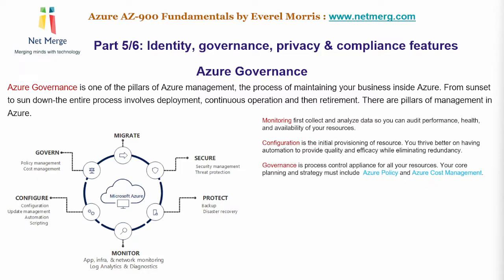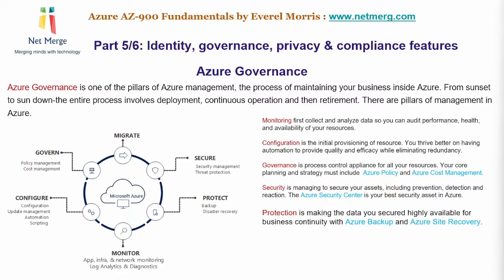Now, governance is the process and control applied to all your resources. Your core planning and strategy must include Azure Policy and Azure Cost Management. Now, security is managing the security of the asset, including prevention, detection, and reaction. Azure Security Center is at the center of your security in Azure.